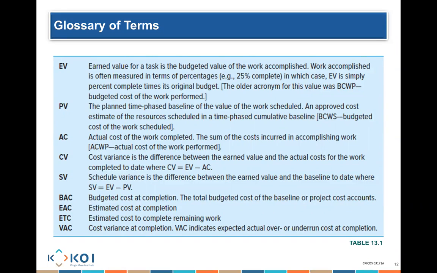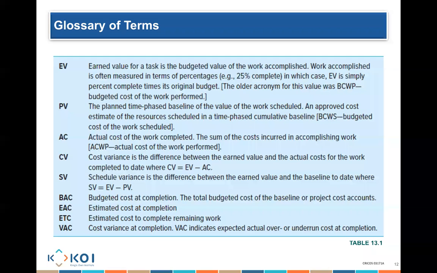So we really need to know those particular values. Earned value, planned value, actual cost. I compare earned value to planned value, and I compare earned value to actual cost. My comparison between earned value and planned value gives me what I know as a schedule variance. How am I doing in terms of schedule?